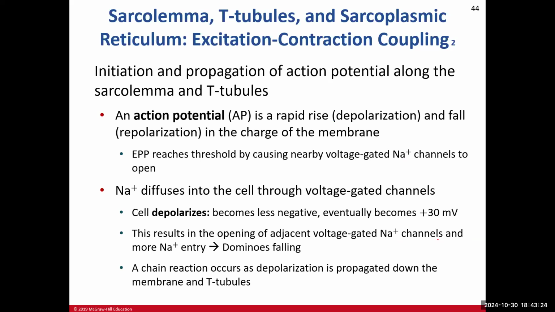Eventually, we're going to get enough that comes in, and it is going to then trigger the opening of our first voltage-gated sodium channel there. So as our EPP reaches that threshold value, by the time we approach our first voltage-gated sodium channel, we get that negative 65 millivolts, boom, we've achieved our action potential.